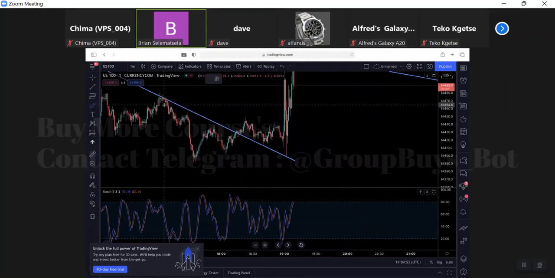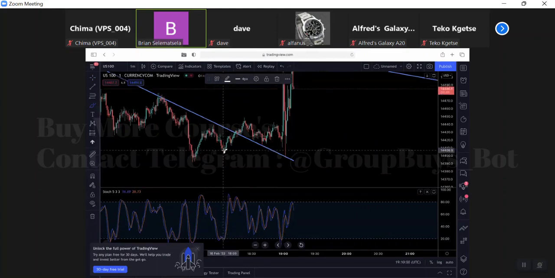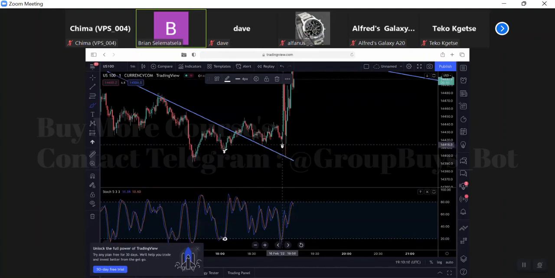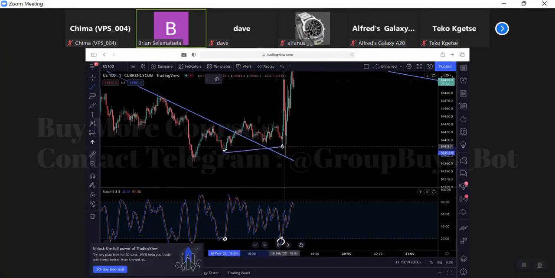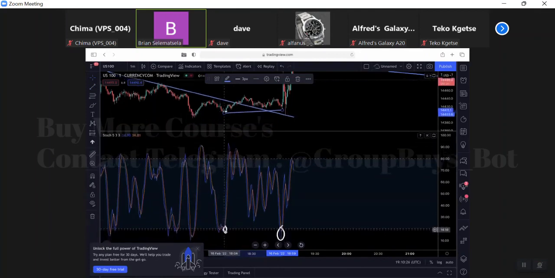you'll take a look at the divergence, and from the divergence, you'll be able to spot that from this point to that point, from this point to that point, you can see that when the market was here, the stochastic was there.